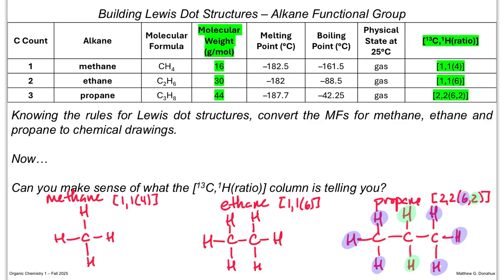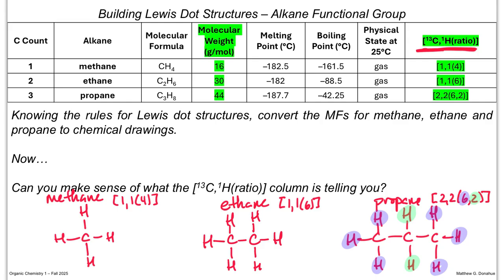So we started with the carbon count 1, 2, 3. We went through methane, ethane, and propane, and the structures are shown here on the slide. Then I made it a point to talk about this way of classifying things over here within the square bracket, I have 13C, 1H, and then the ratio.